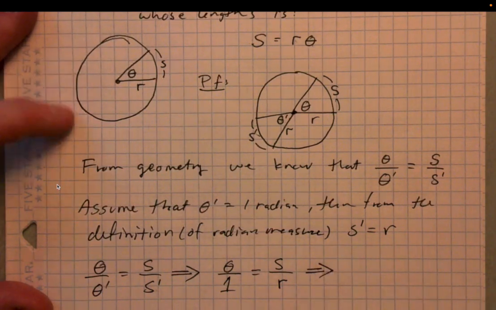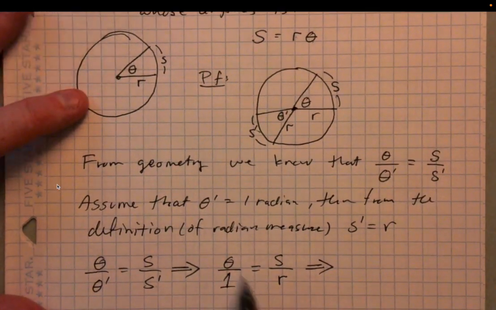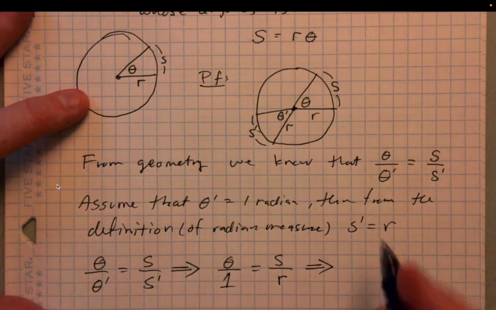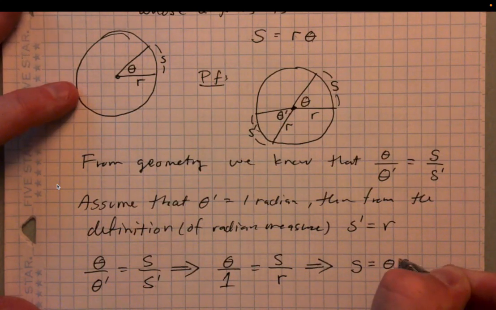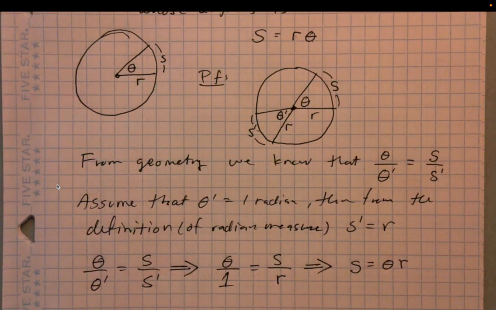Then with a little bit of reorganization, we see that s is equal to theta times r, or r times theta, whichever. I wrote it r times theta up here, but theta times r down here. Same thing. So that's a little demonstration of how this is true.